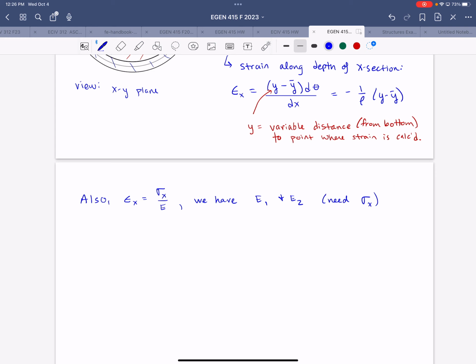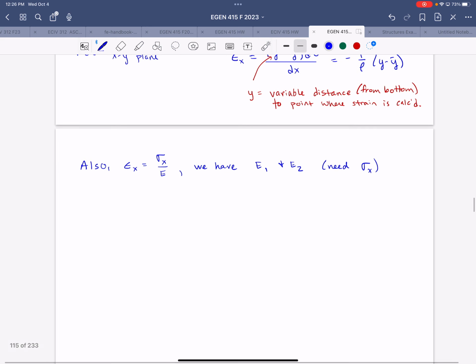Since with pure beam bending, the resultant from the tensile normal stress should be equal to the magnitude of the resultant of the compressive normal stress, right? I reversed those arrows, but I guess it depends on your frame of reference there.